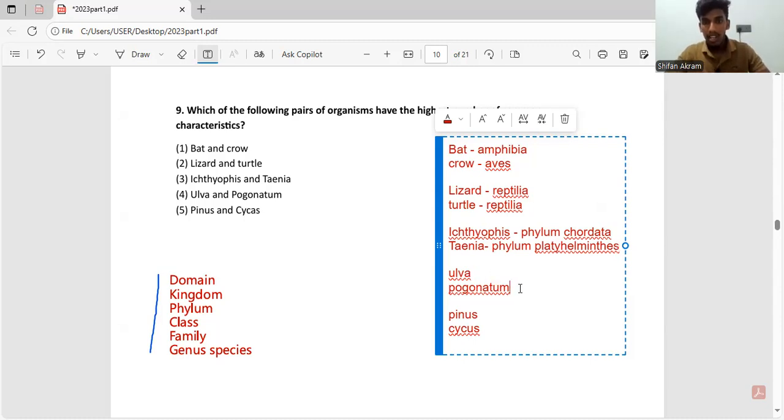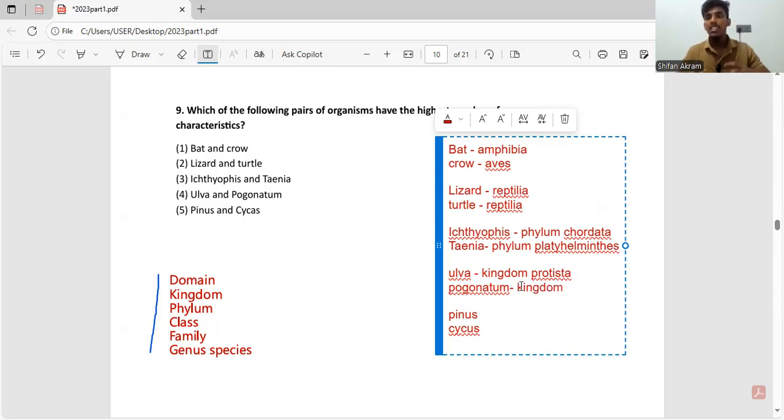Okay, now we have Ulva and Pogonatum. Ulva belongs to Kingdom Protista. And Pogonatum belongs to Kingdom Plantae, right?